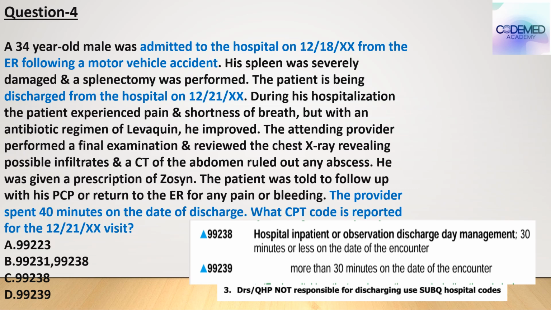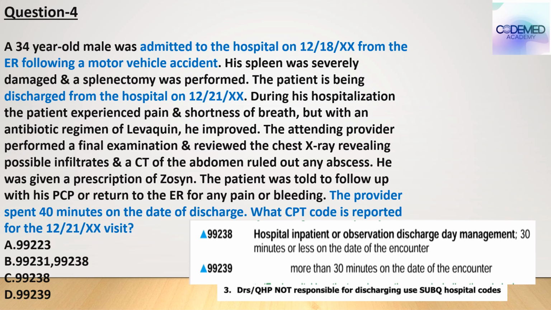The attending provider performed a final examination and reviewed the chest X-ray revealing possible infiltrate and CT of the abdomen, rule out any abscess. He was given a prescription of Zovacin. The patient was told to follow up with his PCP or return to ER for any pain or bleeding. The provider spent 40 minutes on the date of discharge.